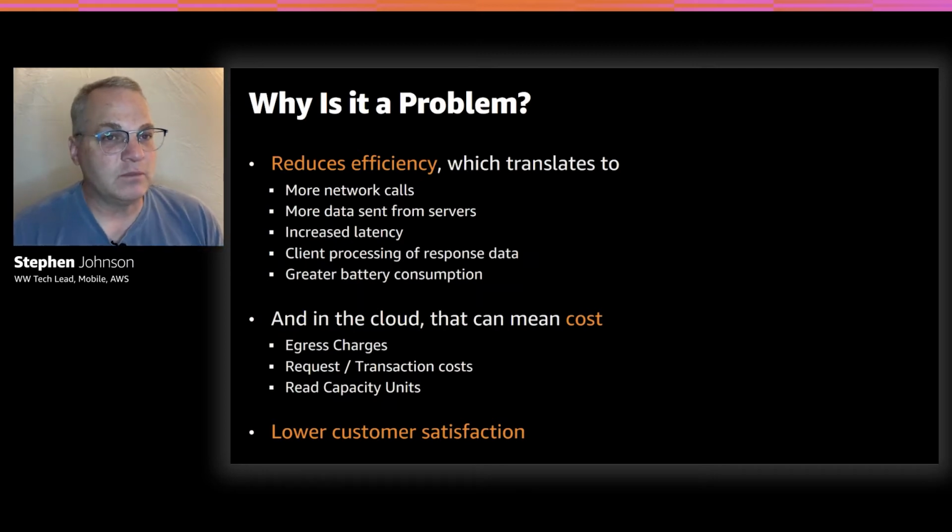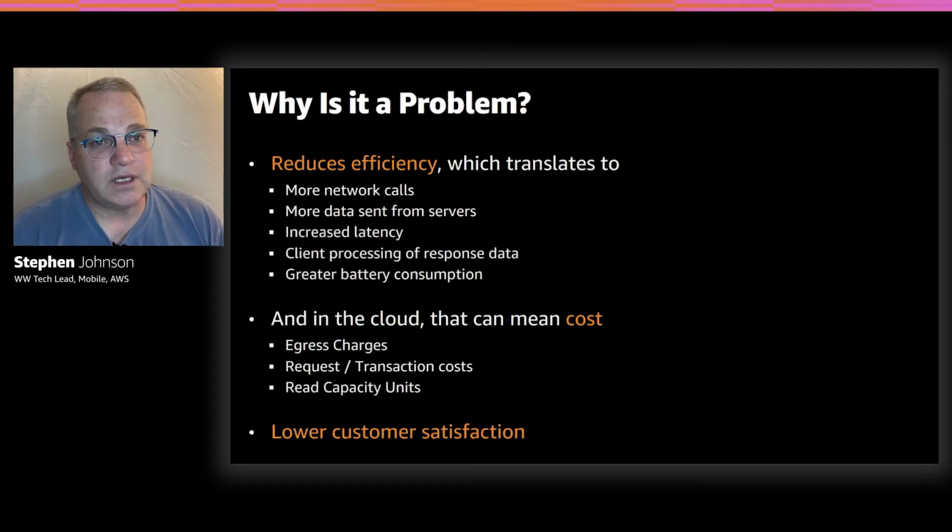First, we're making more network calls than we want to. We're probably fetching more data from the back end than we actually need. And that increases latency, not just latency for the network, but latency for time to glass, right? Your customer experience takes a lot longer.